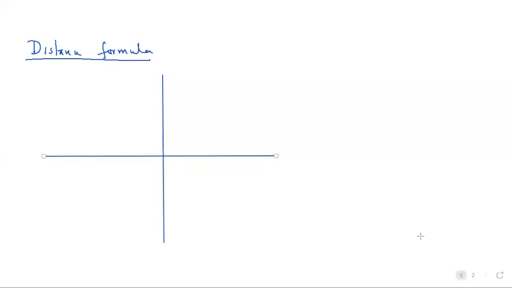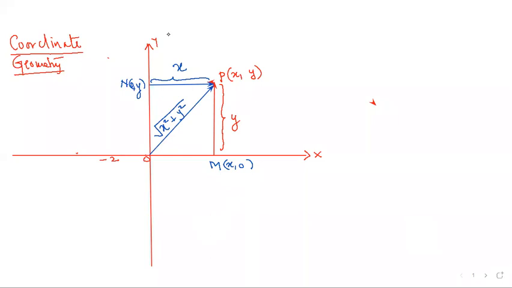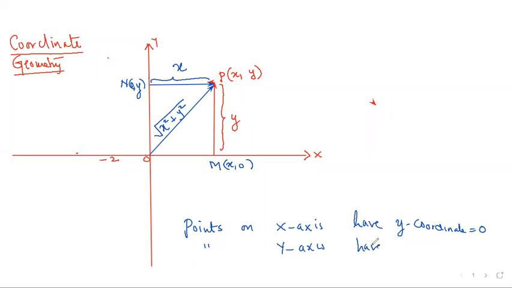One note I want you to write on the previous page. Points on x-axis have y coordinate 0. Points on y-axis have x coordinate 0.